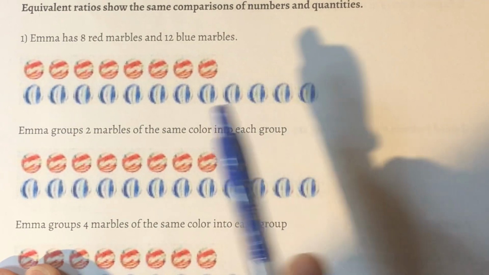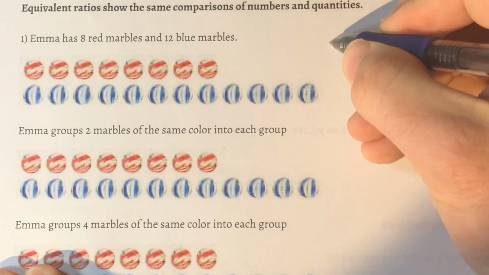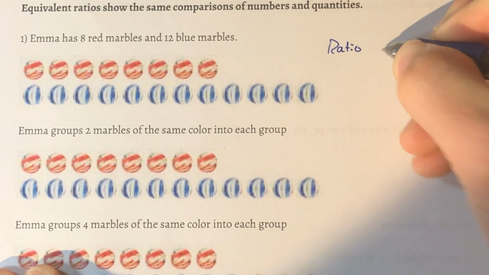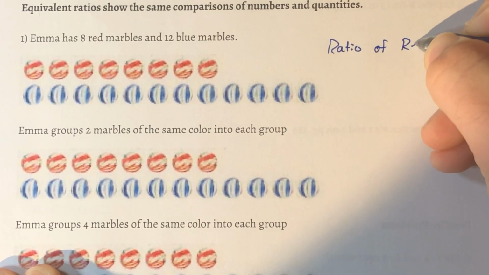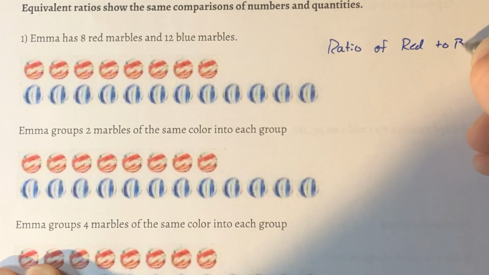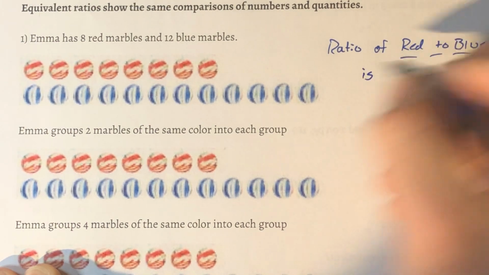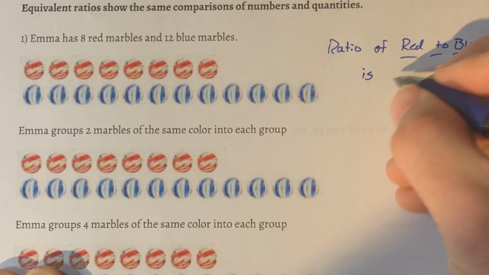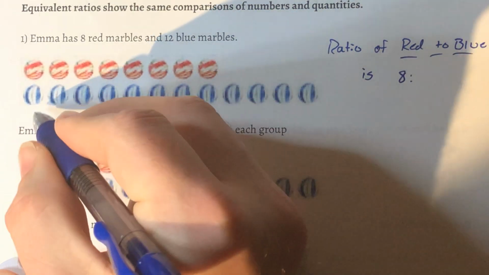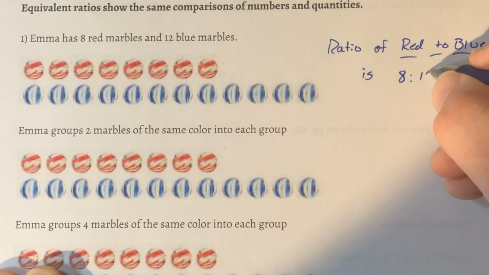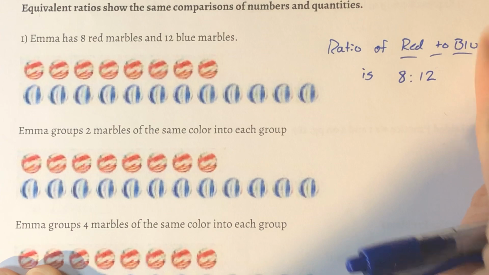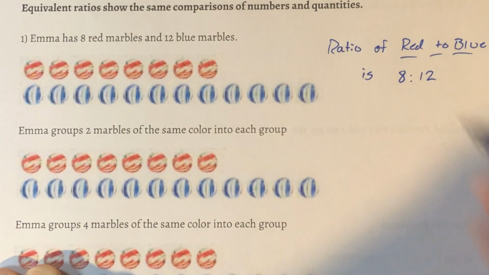If I were to write the ratio of red to blue, I would have 1, 2, 3, 4, 5, 6, 7, 8, and 12. So red to blue in that order would be 8 to 12.